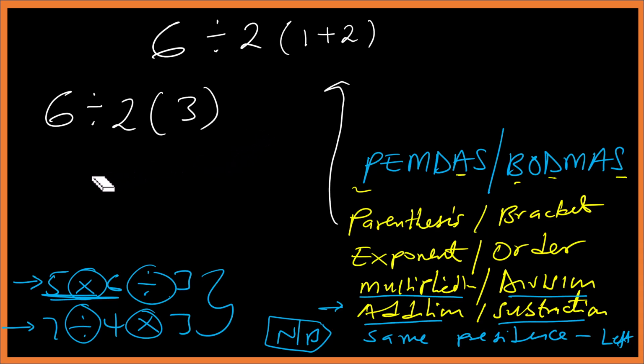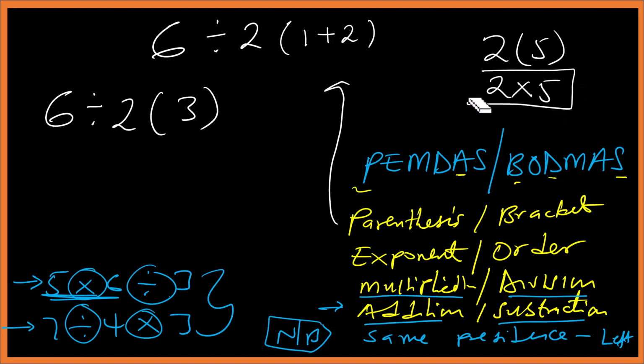Remember, anytime you are given 2 parenthesis 5, it is the same as saying 2 times 5. So this side will be 6 divided by 2 times 3. Now guess what?